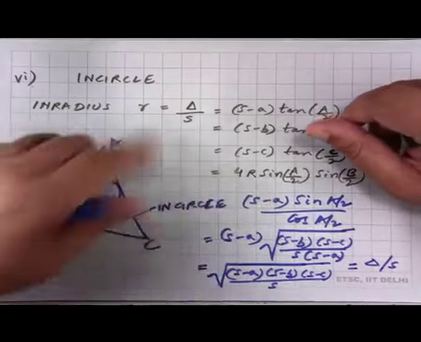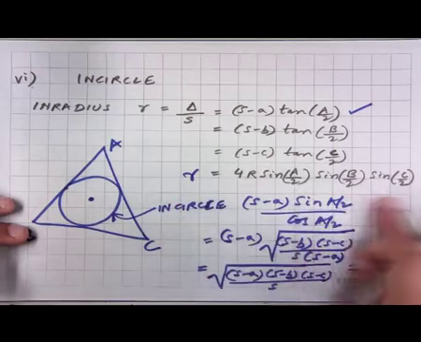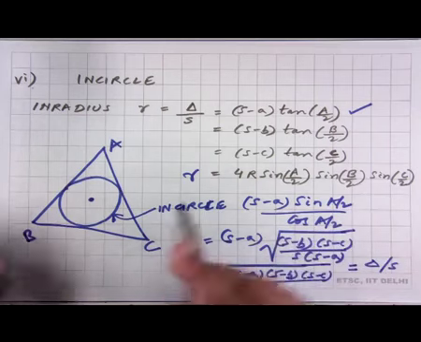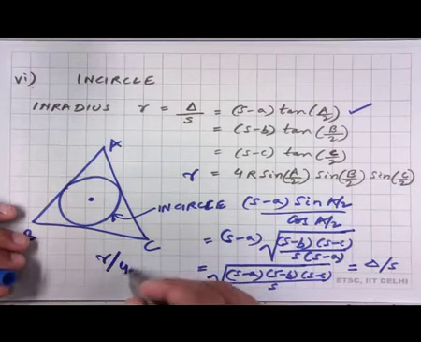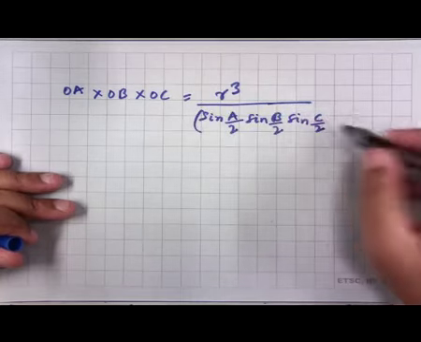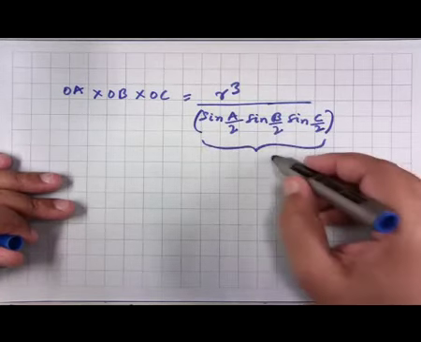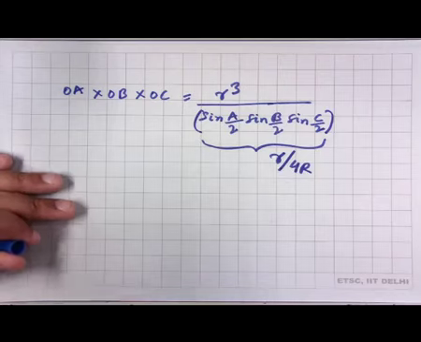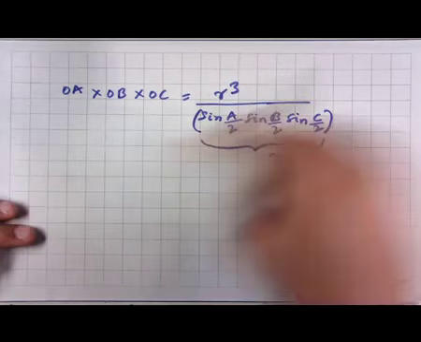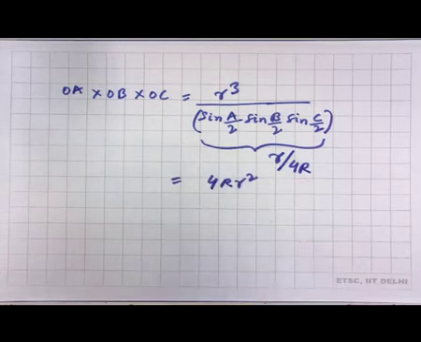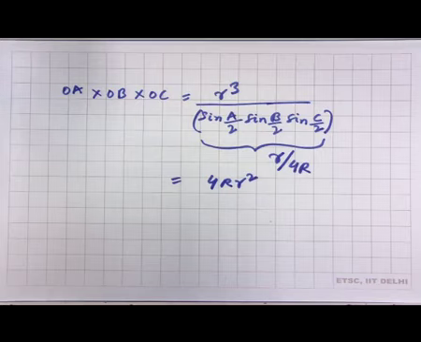In fact, from this relation that r is equal to this quantity, it follows that the product of the sines of the half angles is in fact small r upon 4 times uppercase R. So, we will replace this entire denominator by the ratio of the inradius to 4 times the circumradius, and therefore, this becomes equal to 4R into r square, and that is exactly what was asked to prove in the question.